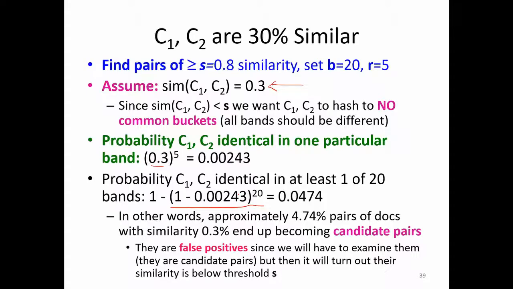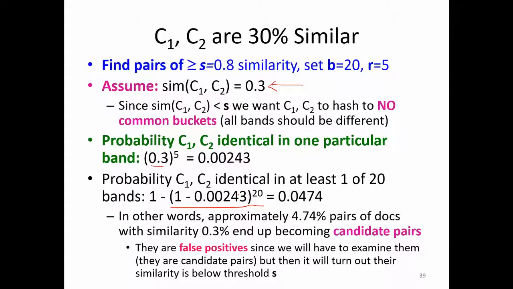Of course, when you look at these pairs of documents, you will know the correct answer, but you will have to evaluate them. So this is the key idea here, that false positive doesn't mean that you actually report them as similar, but you have to evaluate them nonetheless.